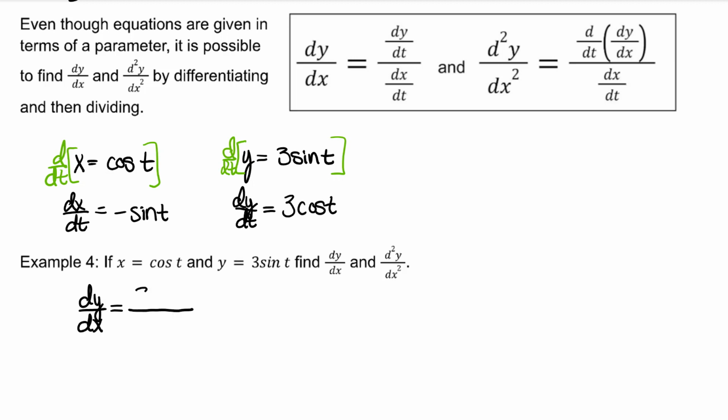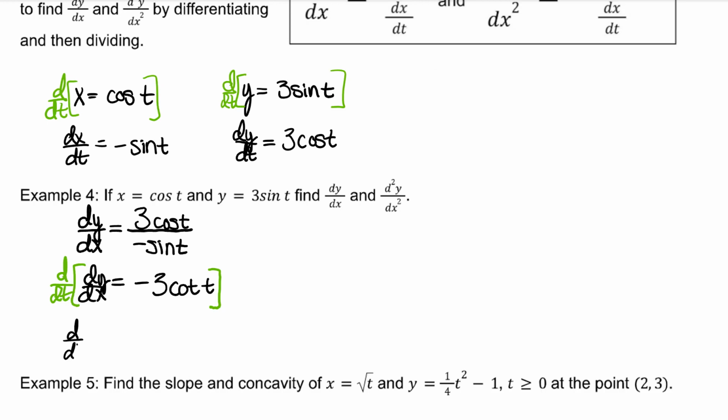Following our formula, we have 3 cosine t over negative sine t. Using trig identities, that is negative 3 cotangent t. Now it's time to derive our derivative. The derivative of negative 3 cotangent t with respect to t is positive 3 cosecant squared t.